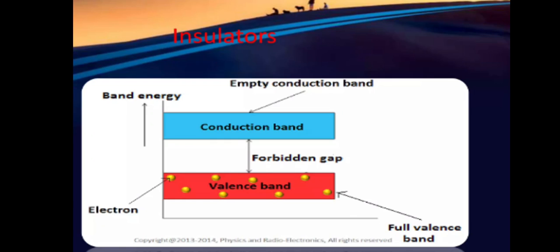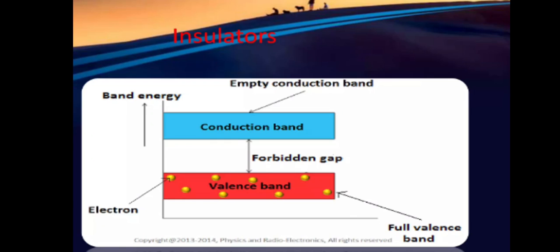In this diagram, we clearly see that there is a forbidden gap between valence band and conduction band, and this forbidden gap is large, so electrons from valence band cannot be easily promoted to conduction band for electric conduction.